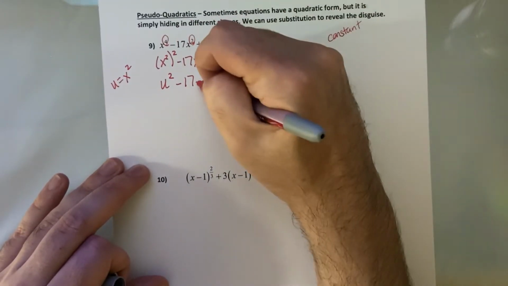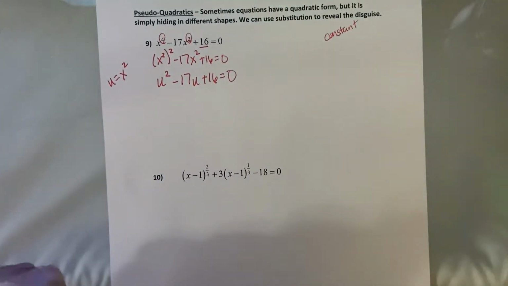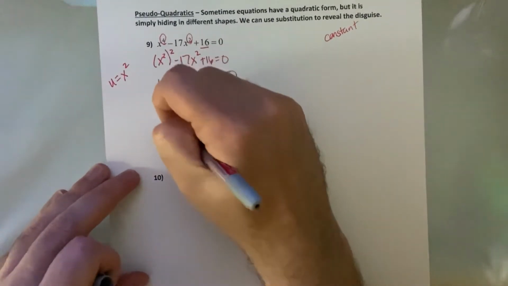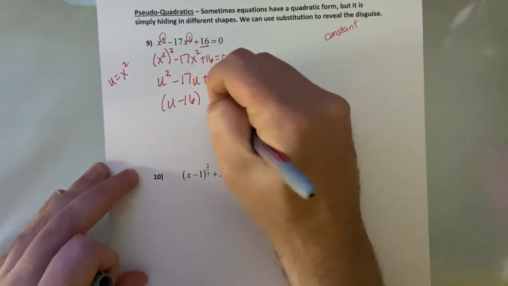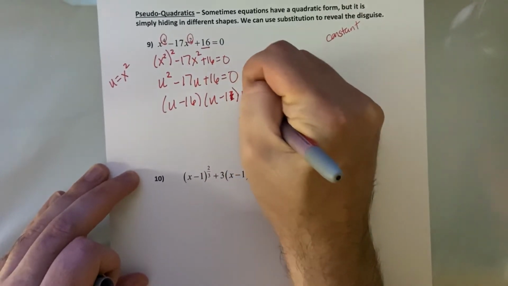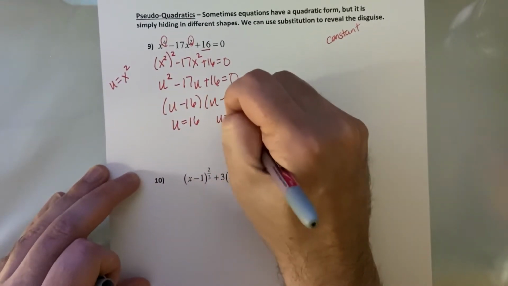Here's an x squared, so it becomes u, equals 0. Now, look, this is a normal quadratic I can factor. This is u minus 16 and u minus 1. That means either u equals 16 or u equals 1.